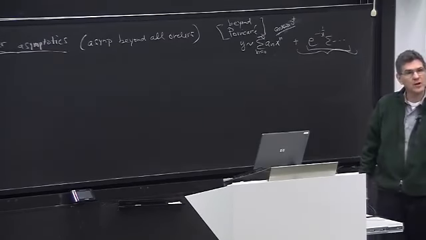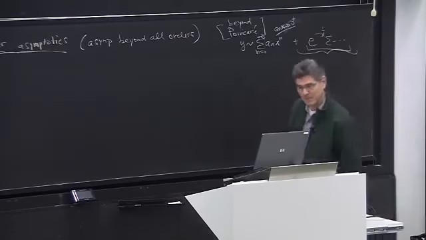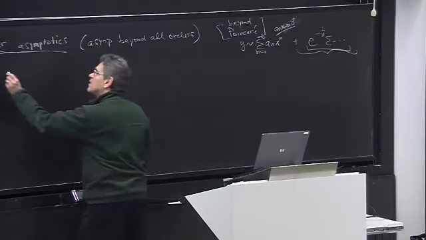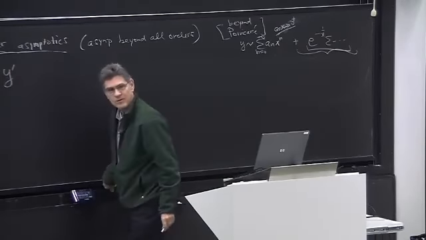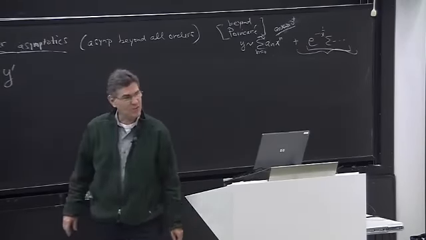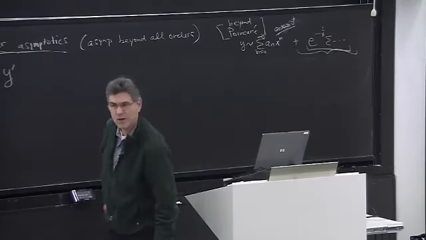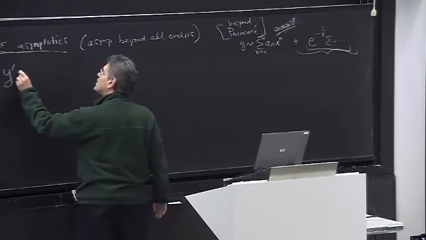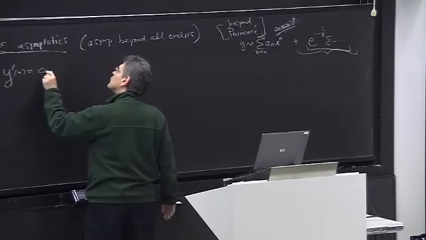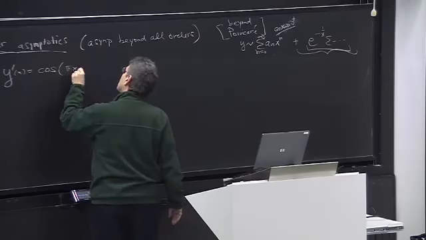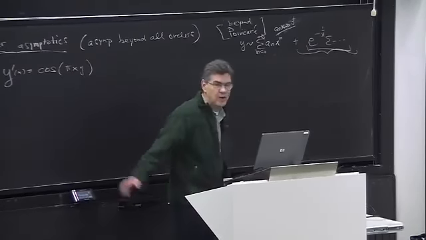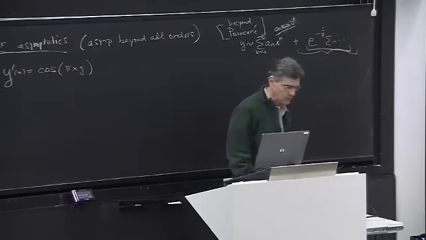And I'm going to illustrate it with a nice, simple-looking problem. Here's the problem. Suppose someone walks up to you on the street and says, I have a really trivial-looking equation to solve. Can you solve for me y prime is equal to cosine of pi xy? I'm throwing in a pi just because it makes it a little bit simpler, maybe.